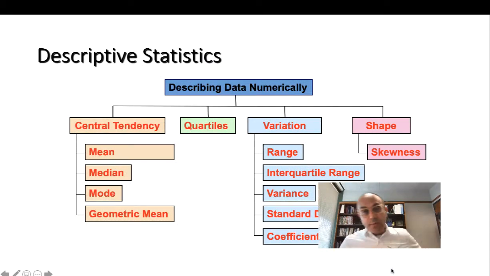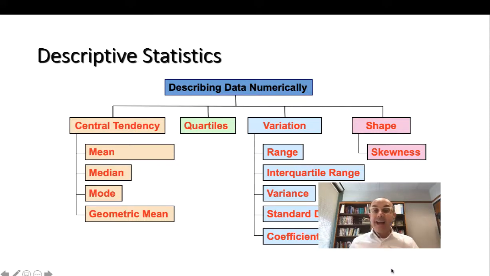Back to descriptive statistics, which is usually divided into 4 parts. The shape is how the data is shaped. The variation is the idea of how the standard deviation can be displayed.